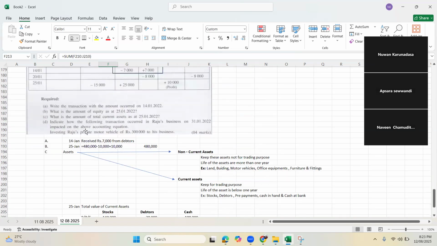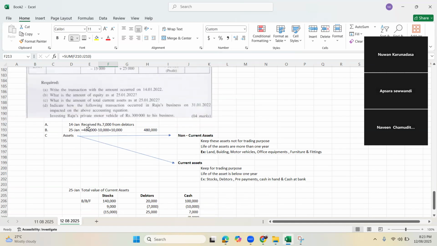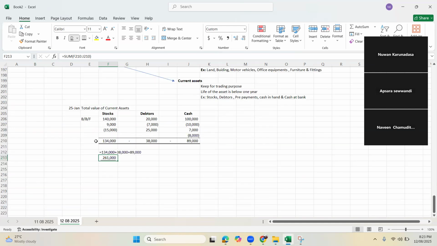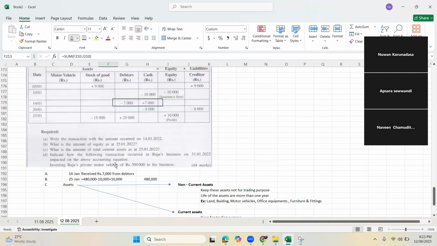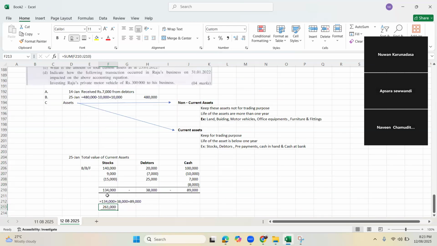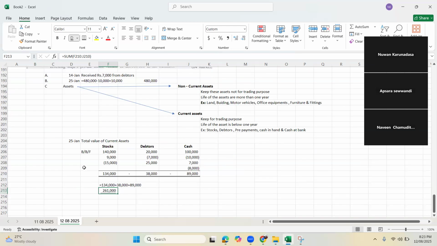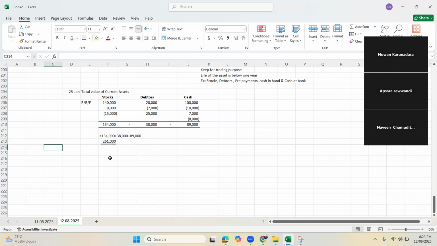C done. D. Indicate how the following transaction occurred in Raju's business on 31st Jan, and the impact on the above accounting equation. We'll write the equation. What is the equation? Motor vehicle. We'll put the letter D here. Things they have given: motor vehicle.